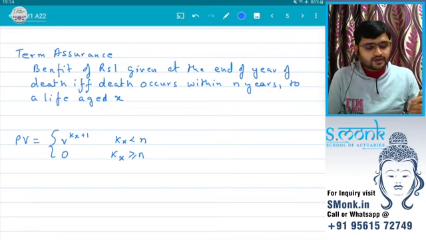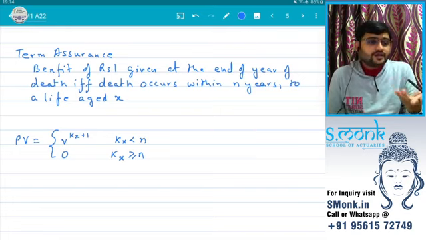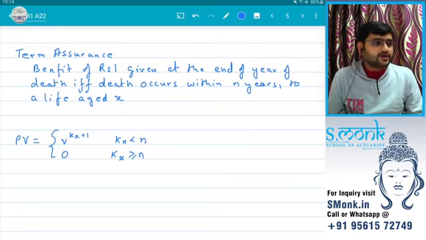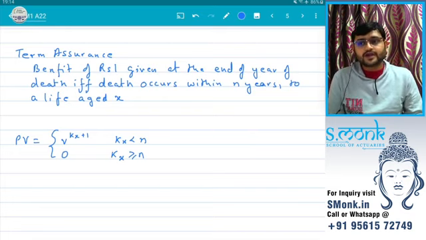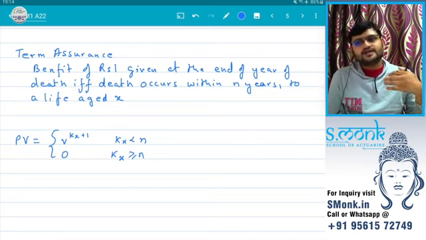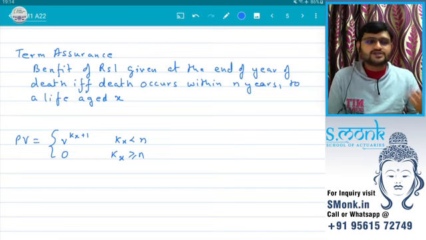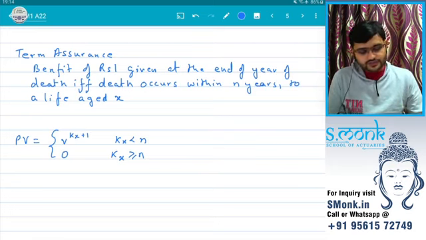And the person might have money to buy whole life assurance rather than term. Because most likely a person aged 60 might not be willing to buy such a policy, the company would not be giving you such a policy.